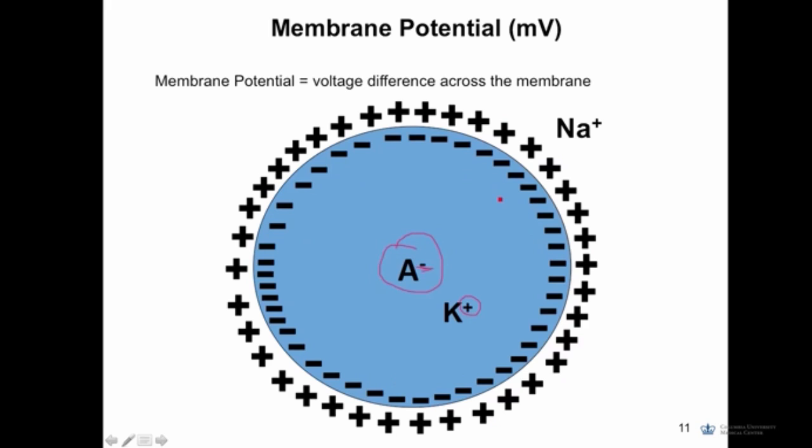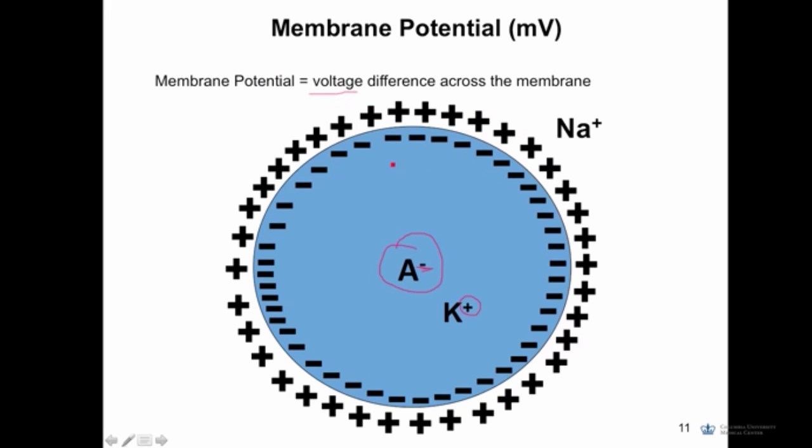So we have a term to describe this difference of charge across the membrane. It's called membrane potential. Okay? So a potential is simply defined as a difference in charge across an area. So that's what potential means. So membrane potential is the difference in charge across the plasma membrane. And we express this difference of charge in terms of what we call voltage.